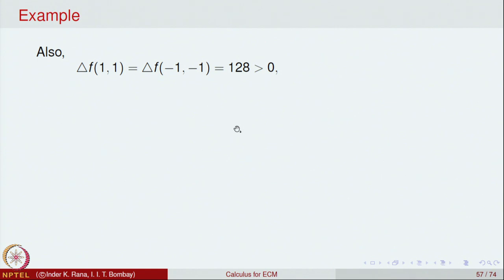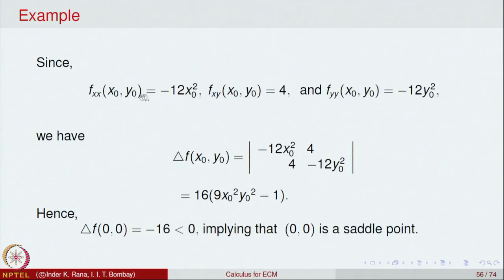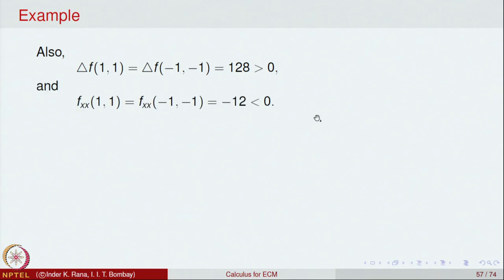Now let us analyze the value of f_xx at these points. It is −12x², so whether x is plus 1 or minus 1, the second order derivative is negative, less than 0.